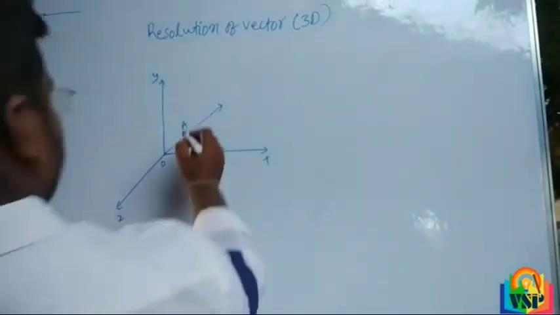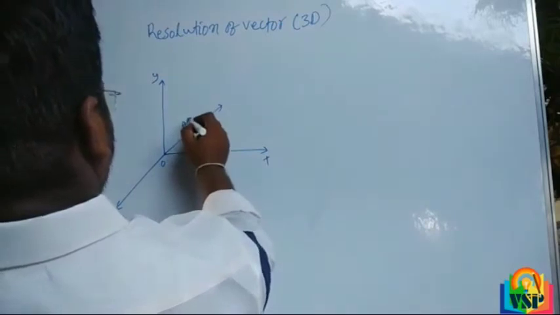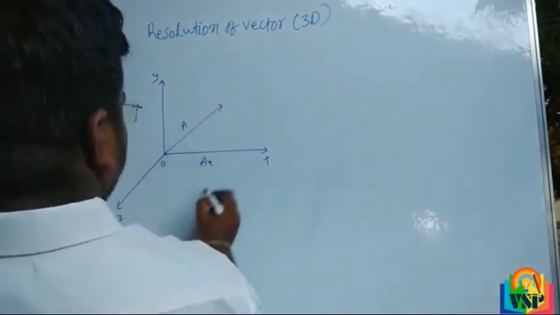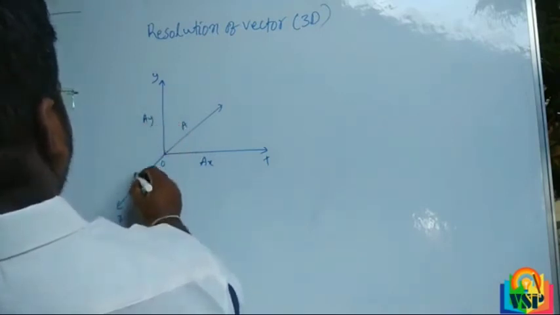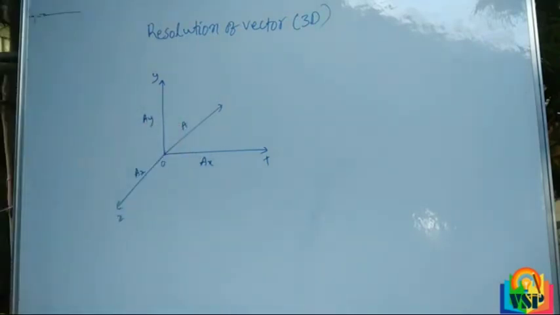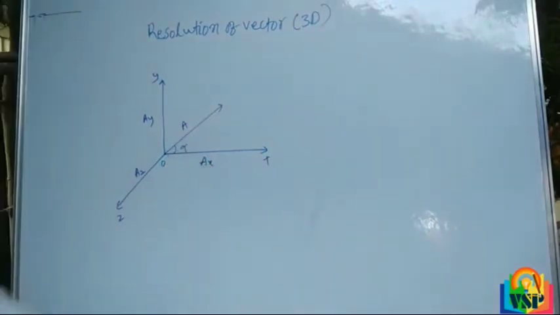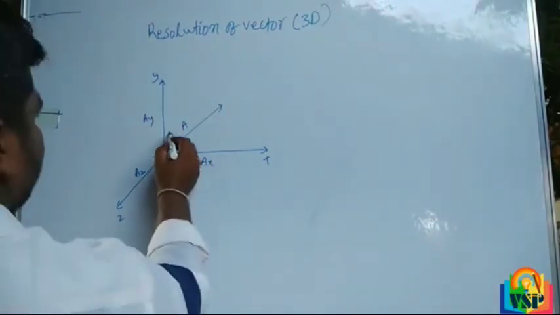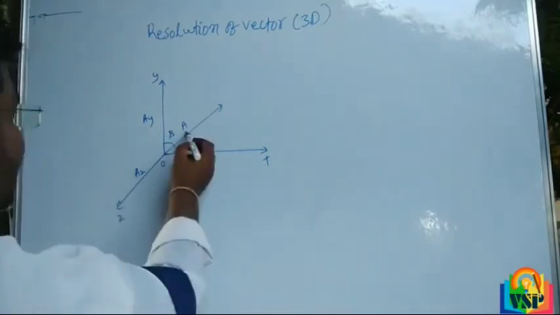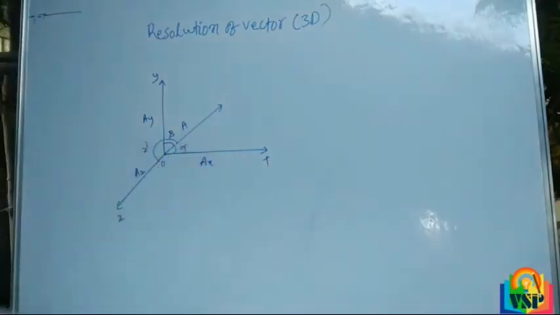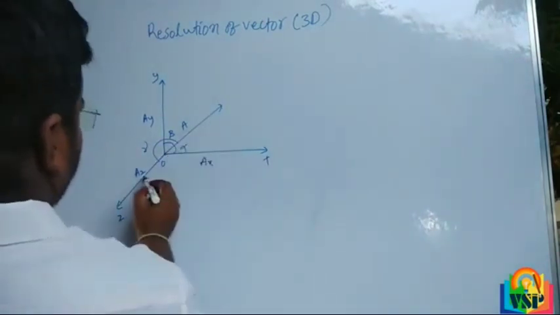The components of vector A along the x axis is ax, here ay, here az. ax, ay, az are the magnitudes of the vector along the x axis, y axis and z axis. The angle between the x axis and A is alpha, the angle between the y axis and A is beta, the angle between the z axis and the vector is gamma. So now we can draw a 3D structure.